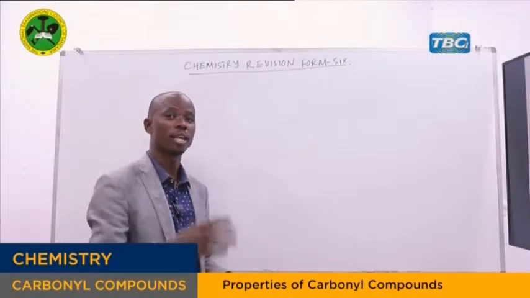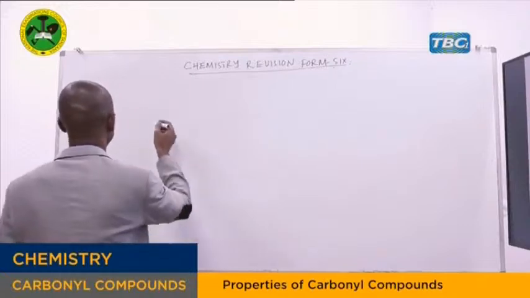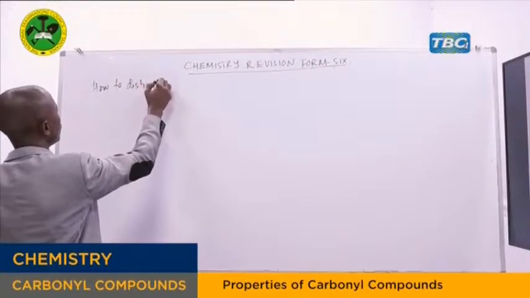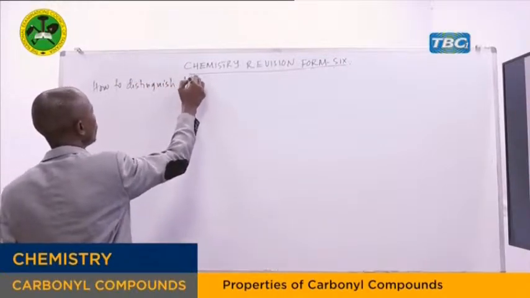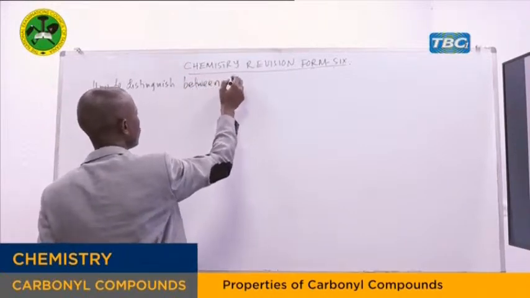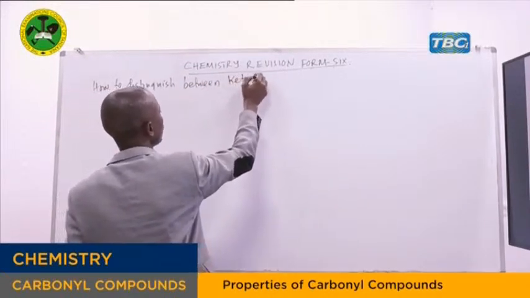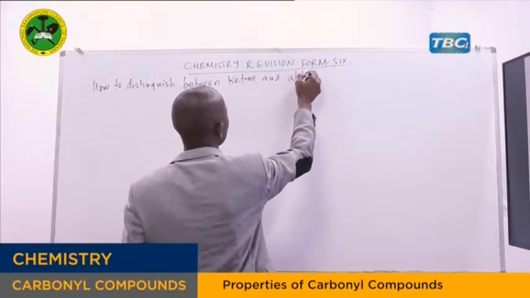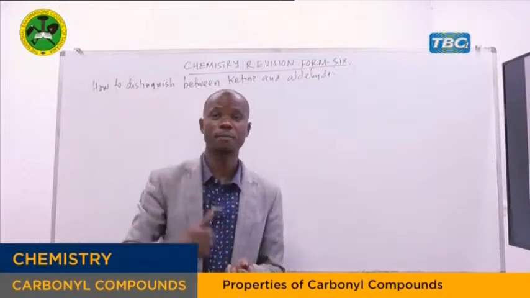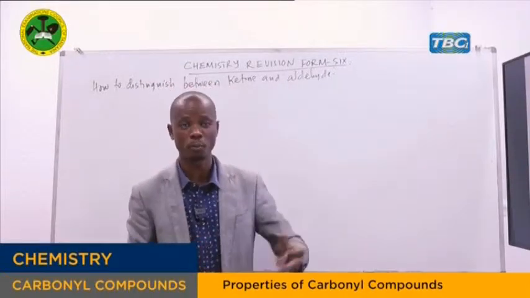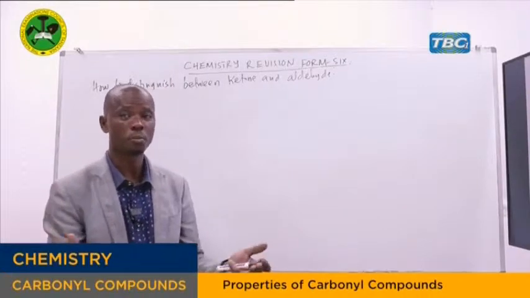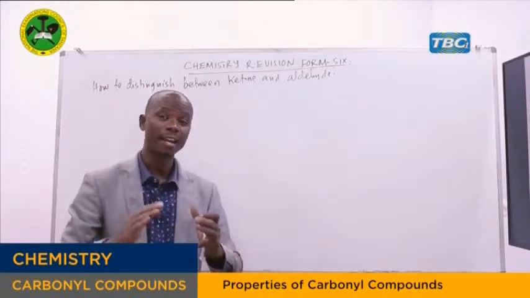Now, from there also, we come to how to distinguish. We have seen in the first part how to distinguish carbonyl compounds from other organic compounds. But you can also be asked to distinguish between ketone and aldehyde.